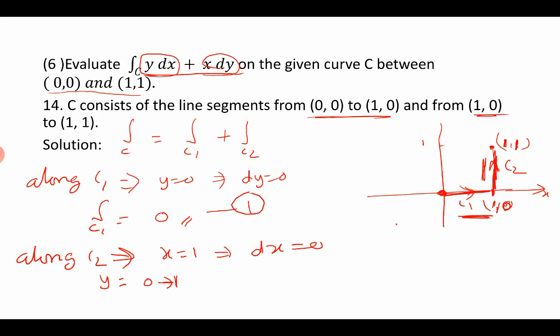Therefore dx is 0, first term is 0, isn't it? Integral over C2, first term is 0, second term integral x, y is 0 to 1, x value is 1, dy, which is y from 0 to 1, which is 1.